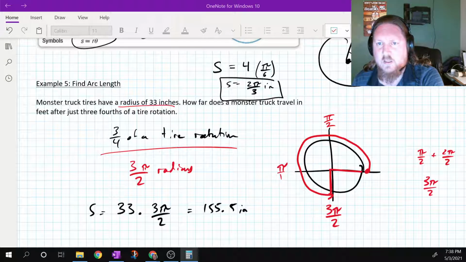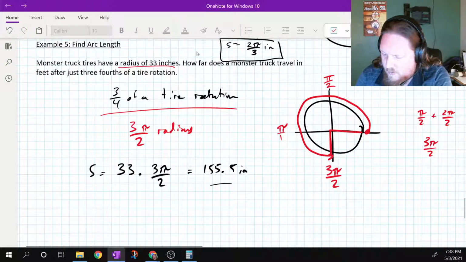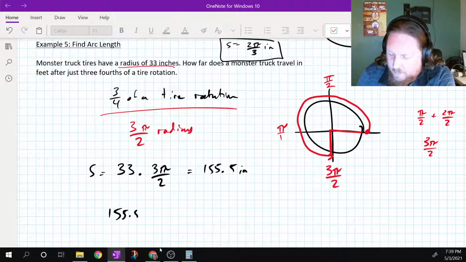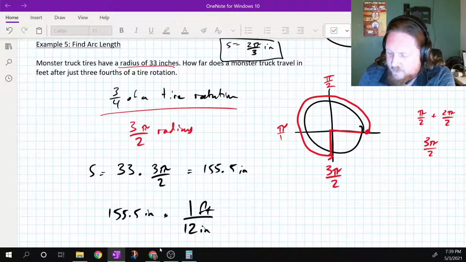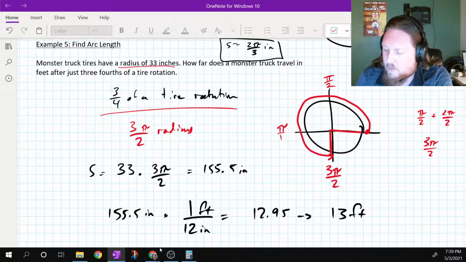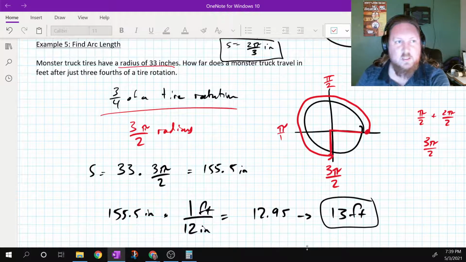That's what I'm doing off screen here. 155.5 inches times 1 foot over 12 inches gives us 12.95, which is basically 13 feet. So just by 3/4 of a tire rotation, this monster truck moves 13 feet.